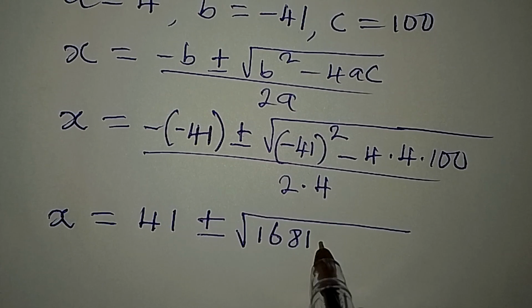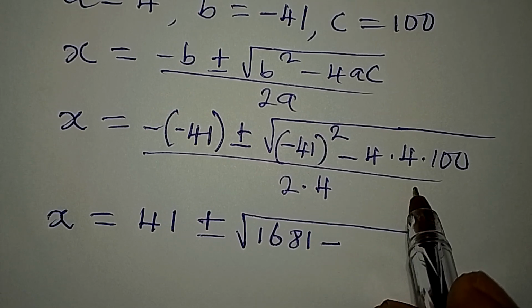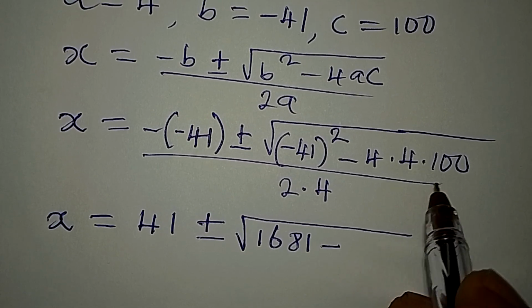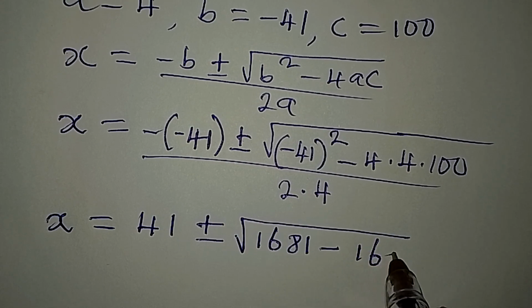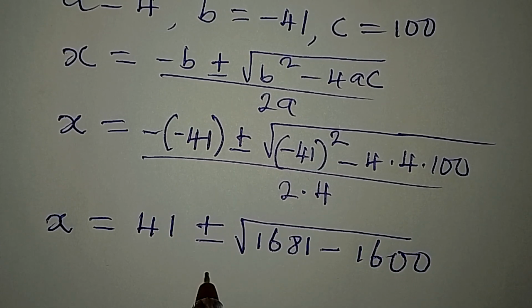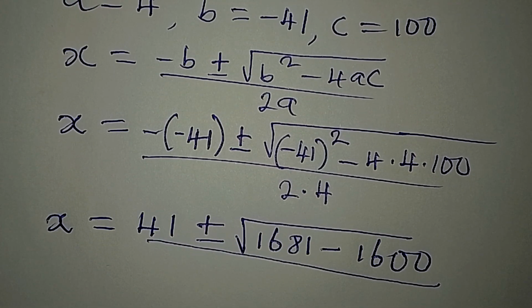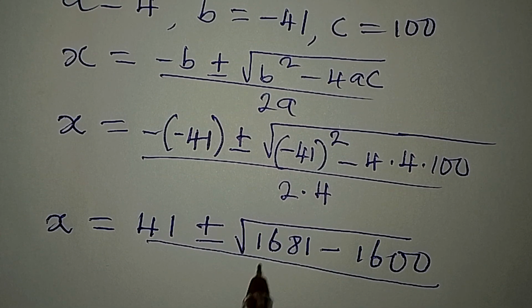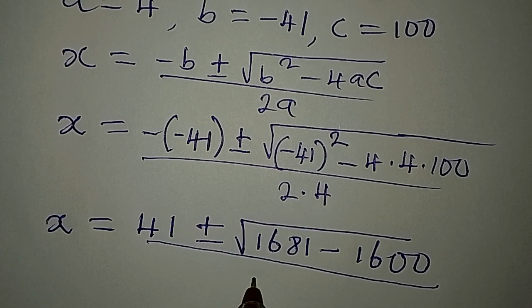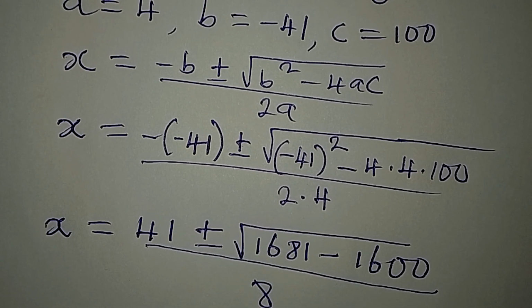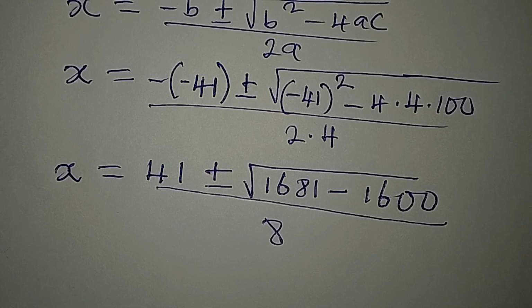Then minus 4 times 4 is 16. 16 times 100 is 1600. And then this will be over 2 times 4, and that is 8, right? So from here we continue.